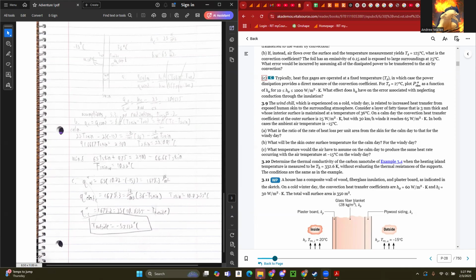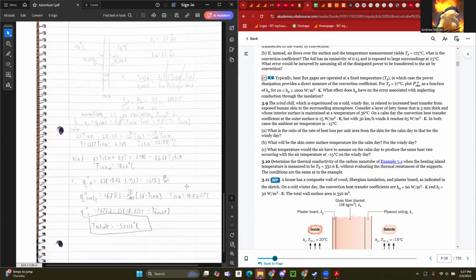I also did a quick check via conduction to see that with an energy flux such as this, the T skin has to be 10.82 degrees Celsius, which is the same temperature as on the windy day.